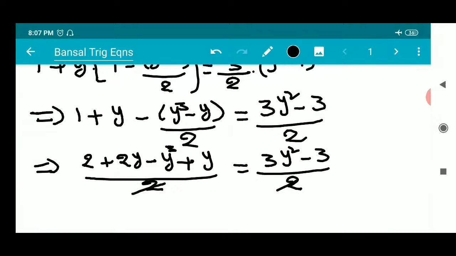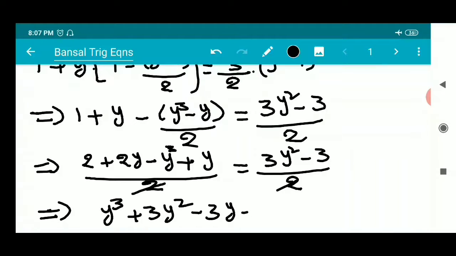Now it is a cubic equation, so take every term to one side, that is y cube plus 3y square minus 3y minus 5 equals 0. So by solving this cubic equation we are going to get the solution.